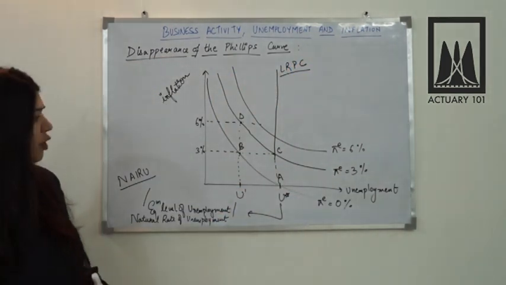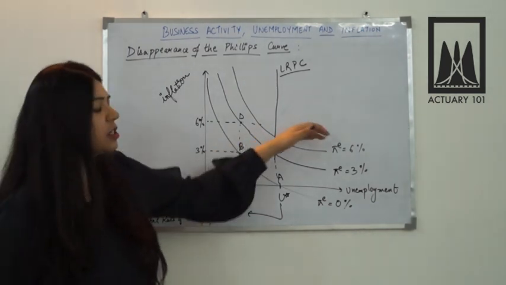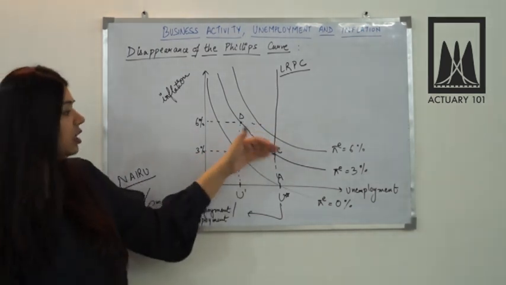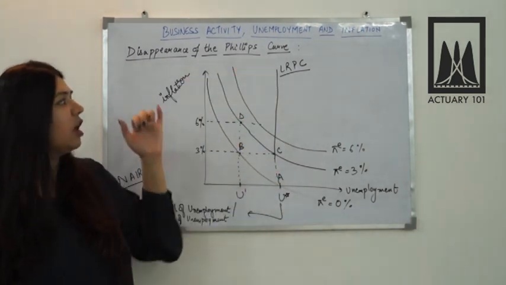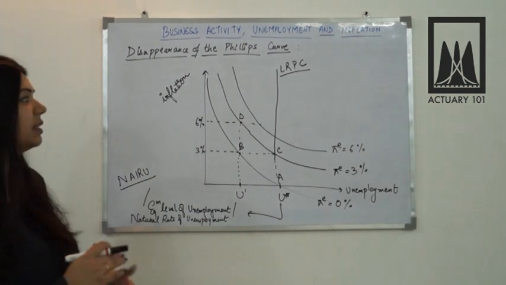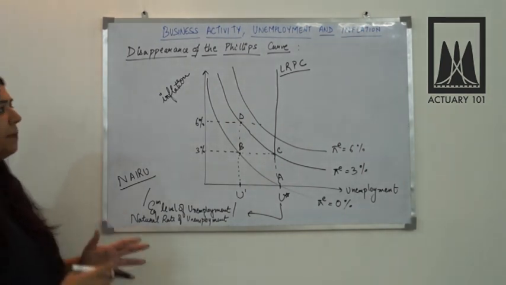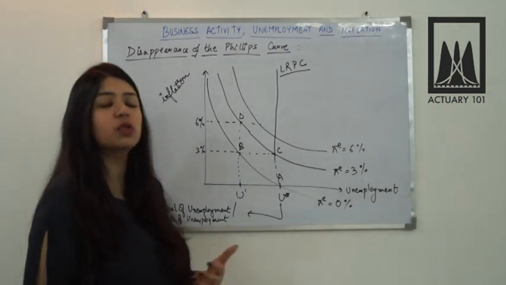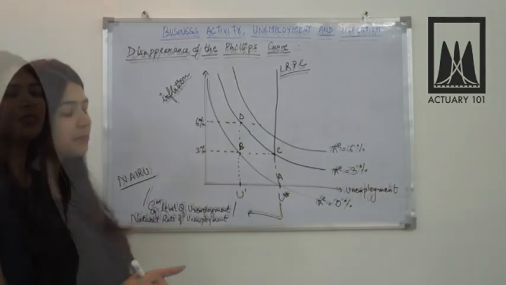So you can see from the short run Phillips curve shifting outward every year, there will be a vertical long run Phillips curve in the long run. So this is how we see that the accelerating effect happens for the Phillips curve using the role of expectations.